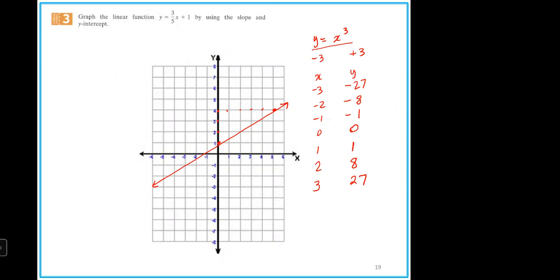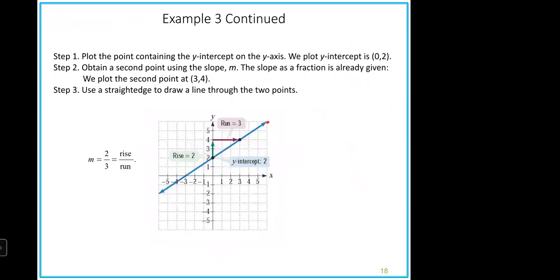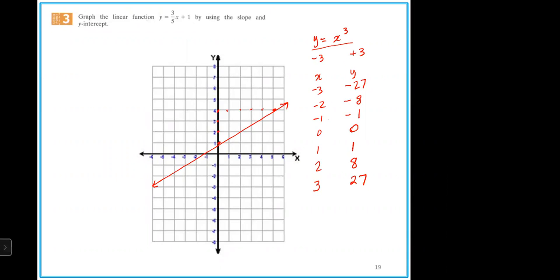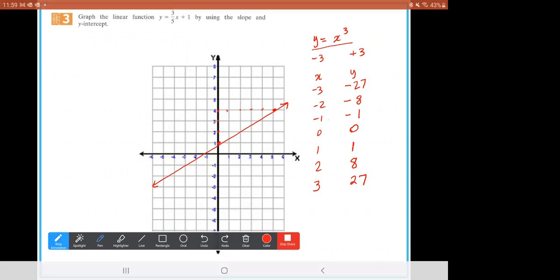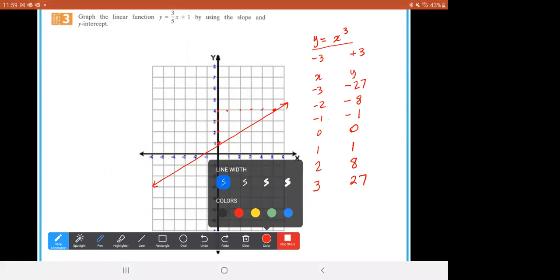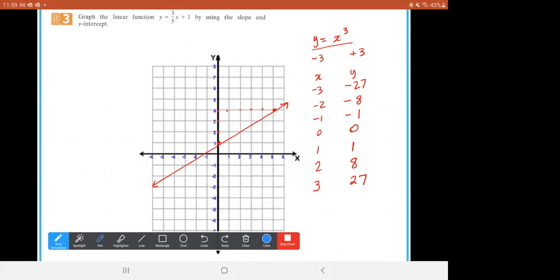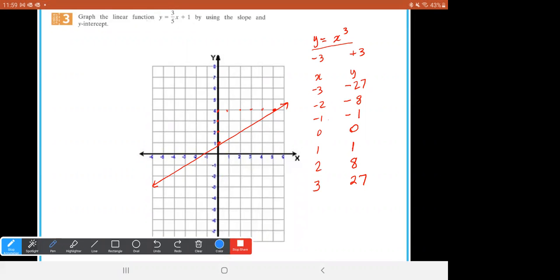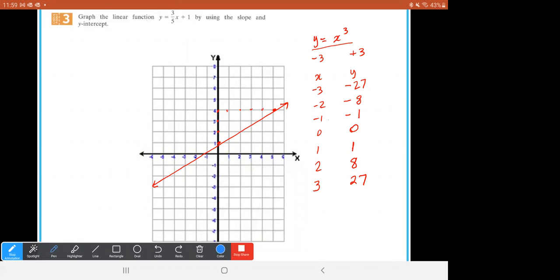Now let me see if I can change the color of this. Okay, so if we plot those points, we see -3 and -27.